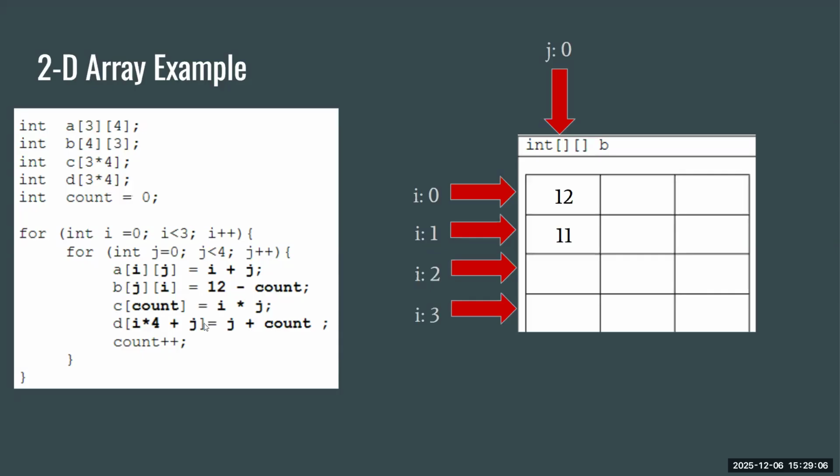Count is going to get incremented, and it's going to be 12 minus 1, so the next value is going to be 11. And you can see the pattern here where count is subtracted by what count is incremented by. So at this point, count equals 3, so 12 minus 3 is 9 for the last iteration.